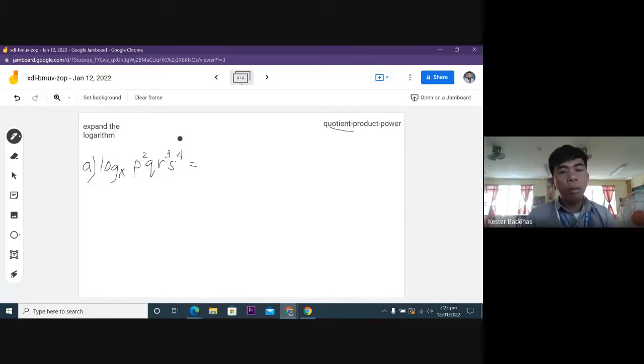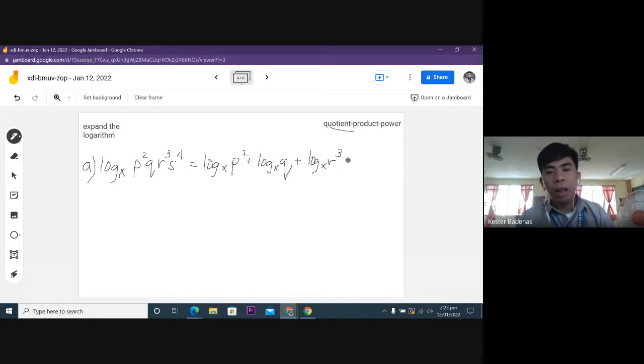Kung product rule, meron tayong logarithm of p squared with a base x plus logarithm of q with a base x plus log r cubed with a base x plus log s raised to 4 with a base x. And then, pag na-apply na yung product rule, i-check kung may exponent, i-apply si power rule.